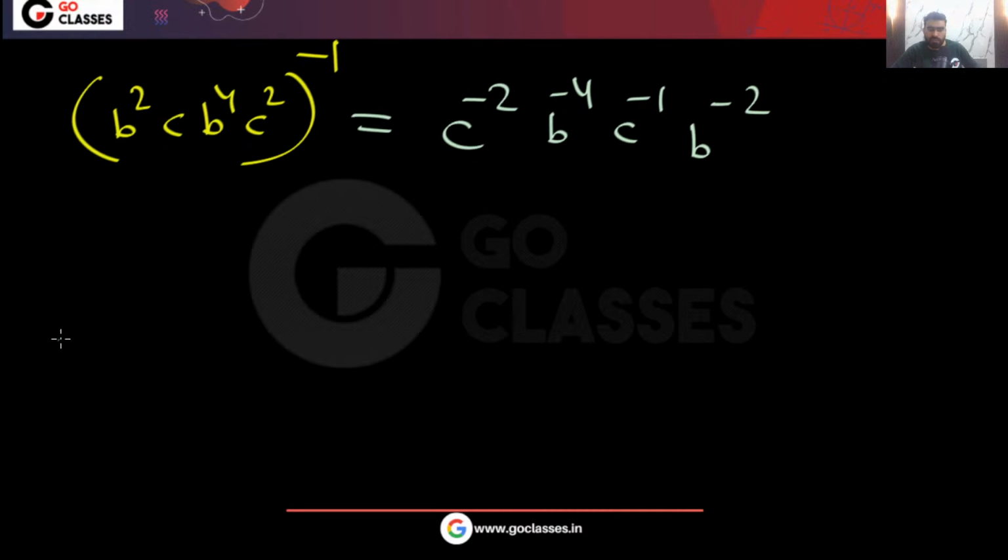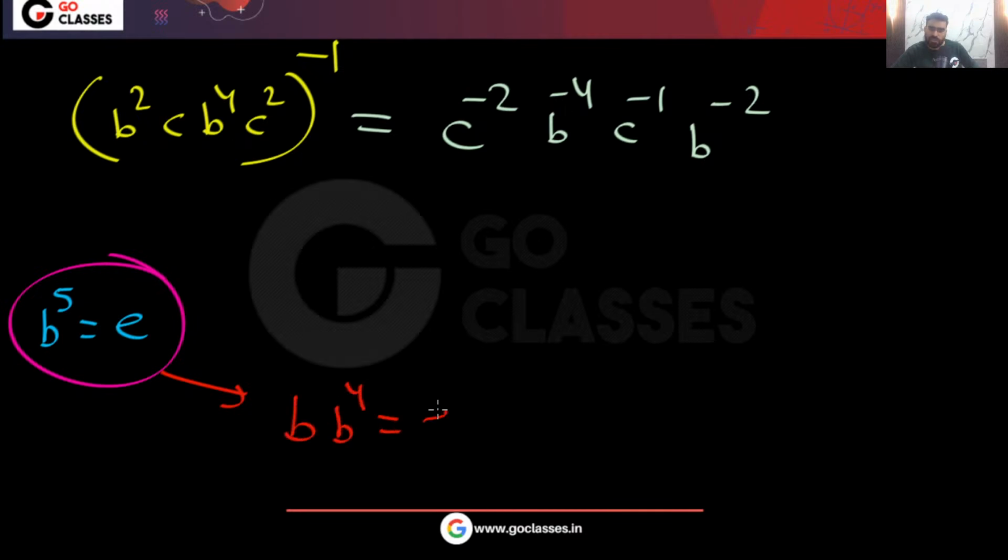Now it is given that b power 5 is equal to e. From here you can easily find b power minus 4. This means b power 4 is equal to e.